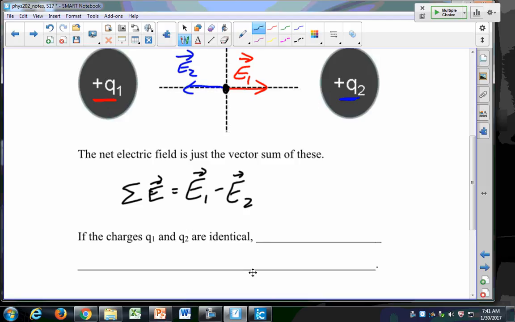It'll be 0. So if the charges are identical, the electric field will be 0. Remember, that's in newtons per coulomb, or sometimes we see electric field also in volts per meter.